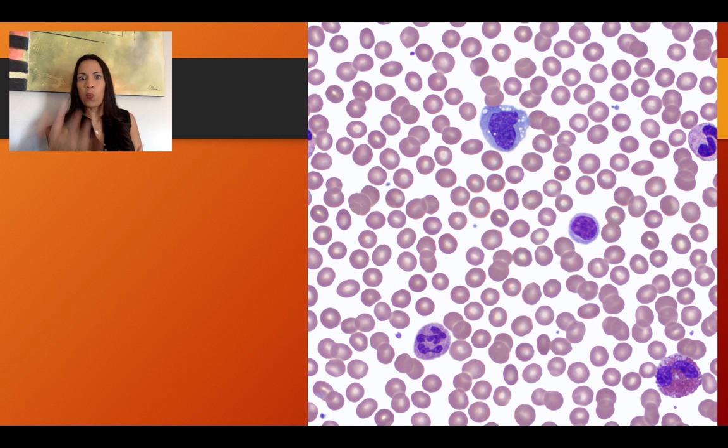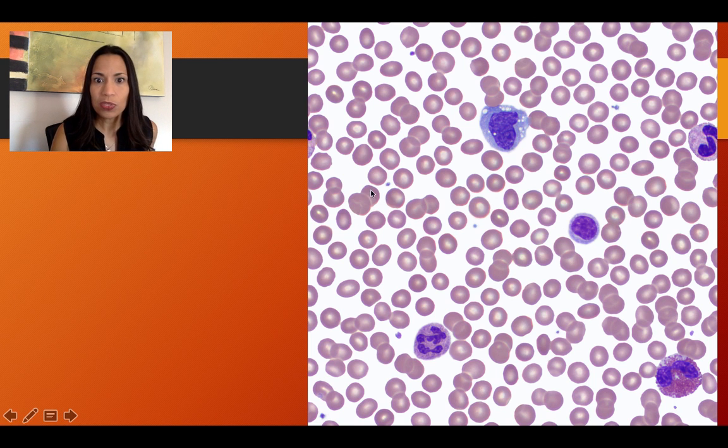Okay, so what do you see in here? You see that I have more of these discs that look so funny. Those are your red blood cells.